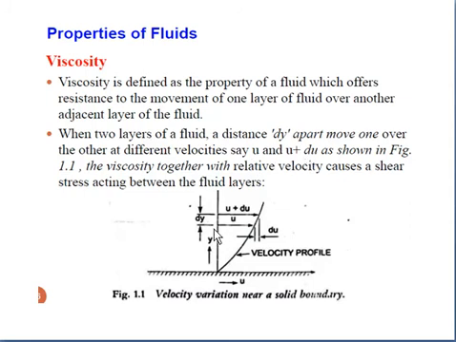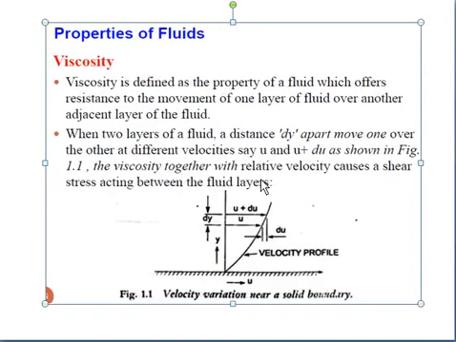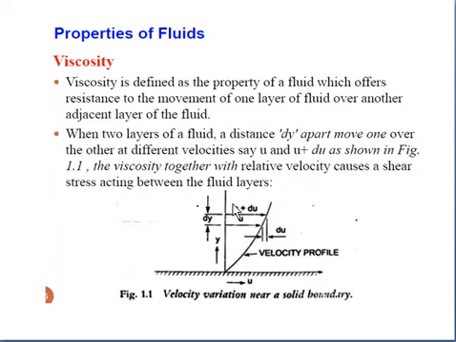The velocity of the first layer is u and the velocity of the layer just above it is u plus du. du is nothing but the change in velocity with respect to the small distance dy, a very small change, as shown in the figure. The viscosity together with the relative velocity causes a shear stress acting between the fluid layers.